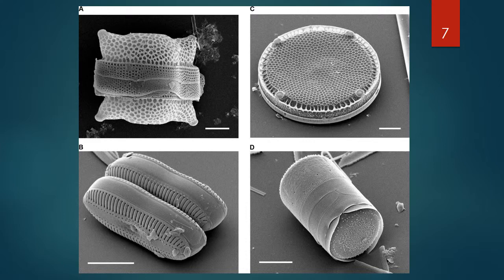So each one, as you can see, has an upper and lower half. They fit together. And then they have a bunch of pores of various shapes and sizes, and that's how the organism interacts with its environment, through those pores. And so that's kind of how you can identify a diatom. If you were looking under the microscope, you would definitely want to look for the two halves.